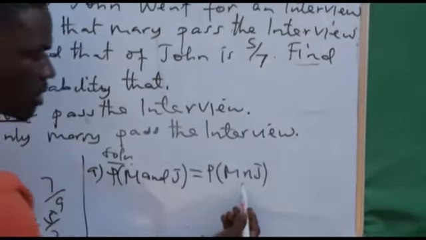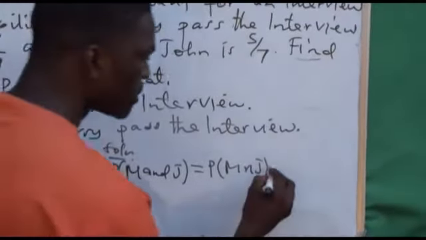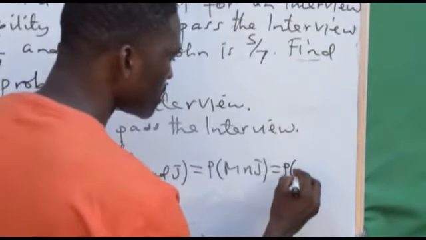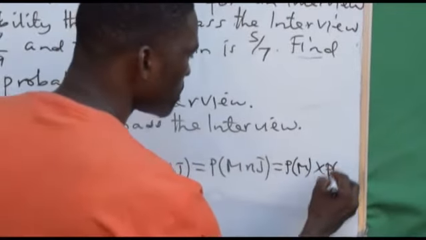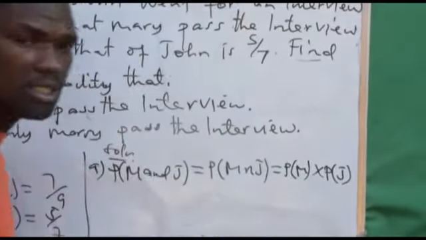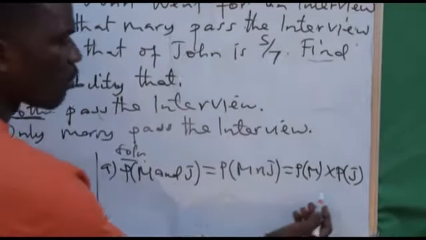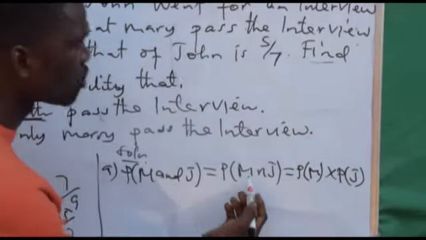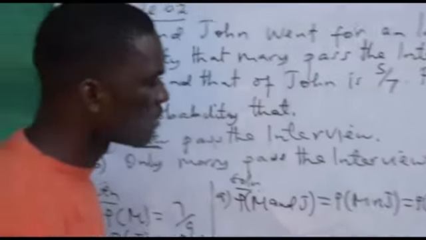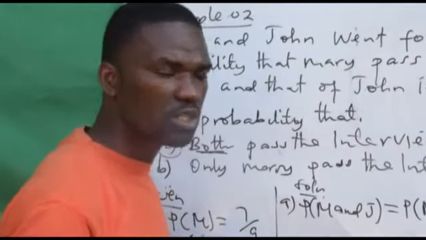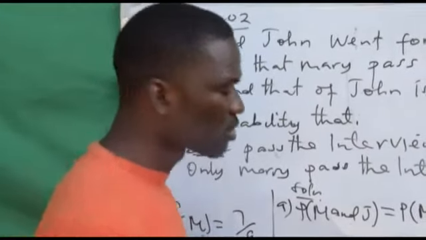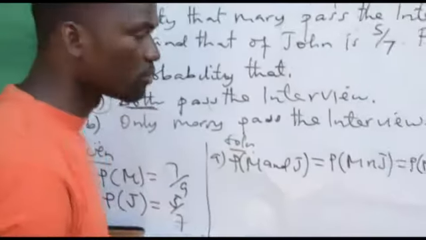And remember, we interpret this to be the product of the probability of Mary passing times the probability of John passing the interview. Why do we multiply? Because we are sure the events concerning these questions are independent, so this formula works for you.